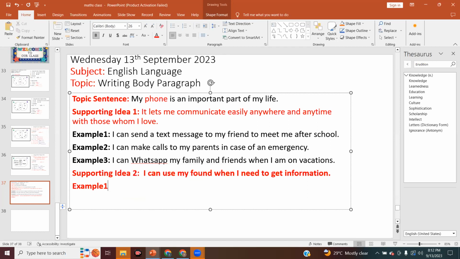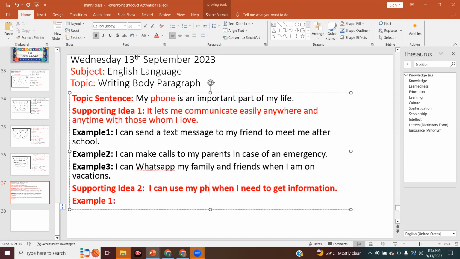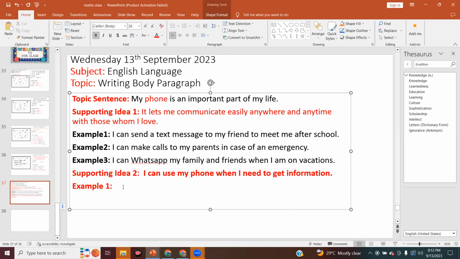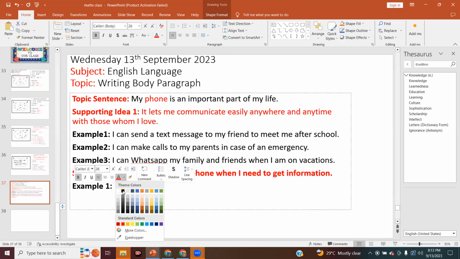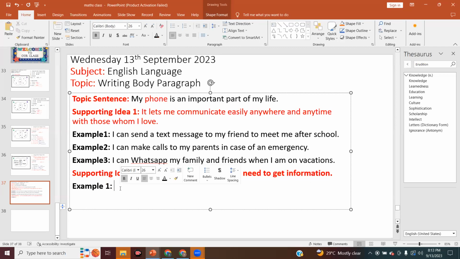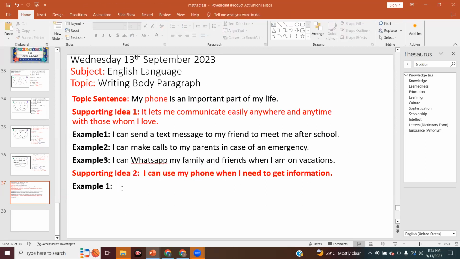Example number 1. My phone when I need to get information. Okay, what example can we use about that? Directions, or the location of a building or something.